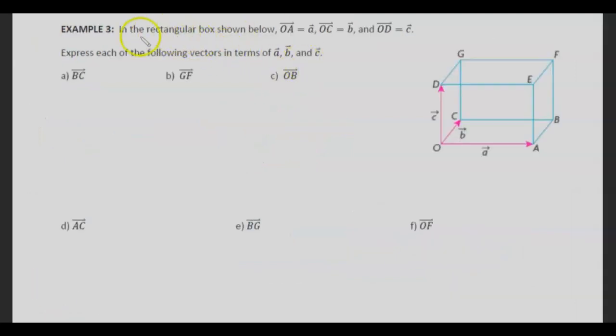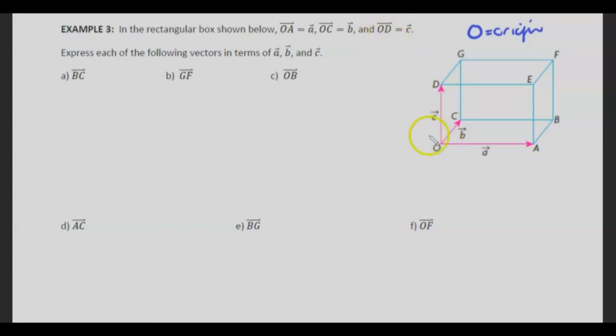Okay, example 3. In the rectangular box shown below, OA, and usually O represents the origin, OA is going to be vector A. Vector OC is going to be vector B. And OD here is vector C. And remember, these are in order.